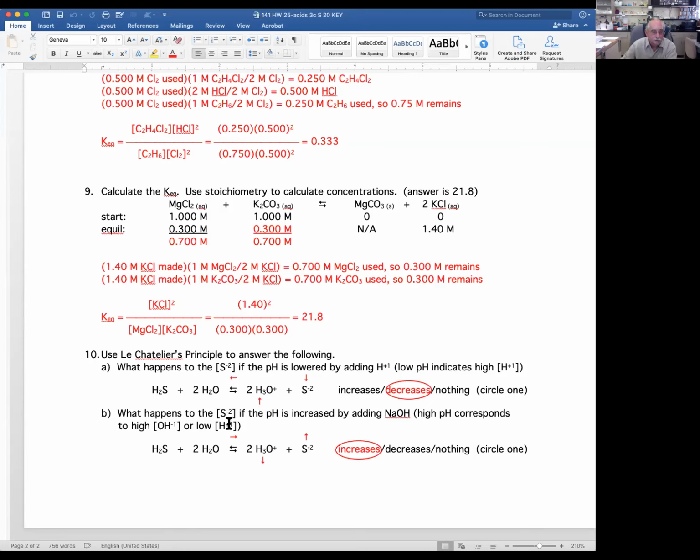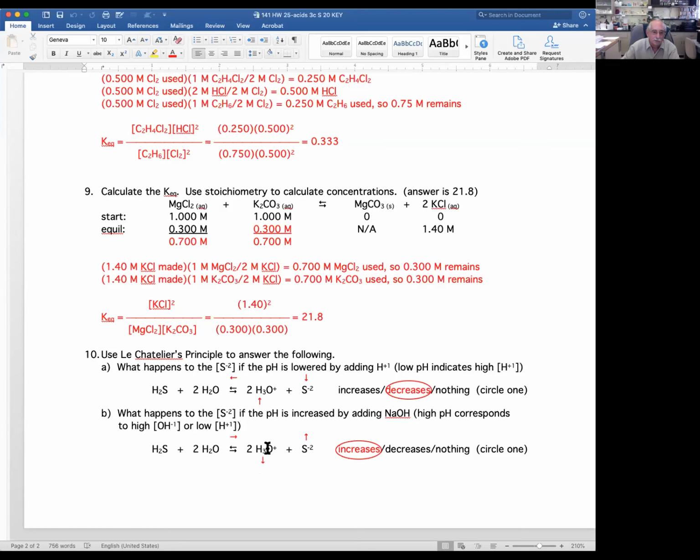Then what happens to the sulfide if the pH increased by adding hydroxide? Well, if I add a hydroxide, it immediately reacts with hydronium ion. So I'm essentially reducing hydronium ion concentration. A very simple way to look at Le Chatelier's principle is it's sitting there at equilibrium. Whatever you do to it, it tries to counteract what you just did to it.